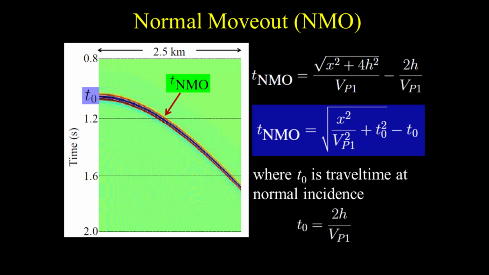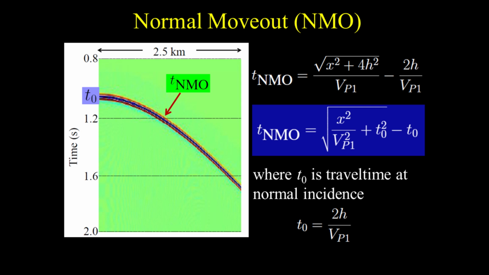Here is an illustration of the travel time equation for reflected waves. Notice that we can describe the travel time equation by using the travel time at normal incidence T0, and the curvature is described by T_NMO. T0 equals 2h over velocity.